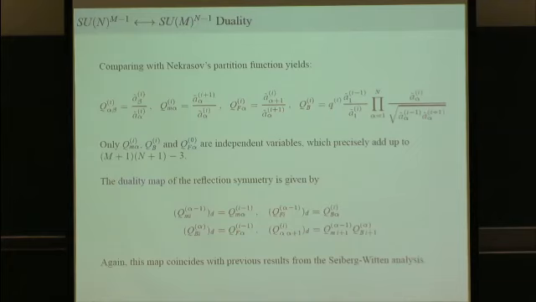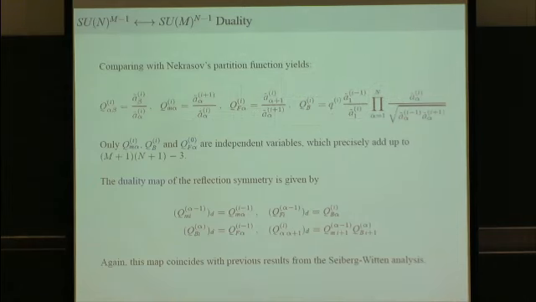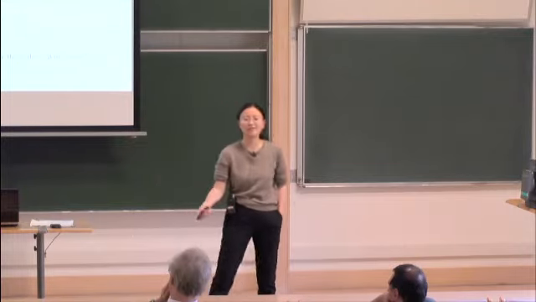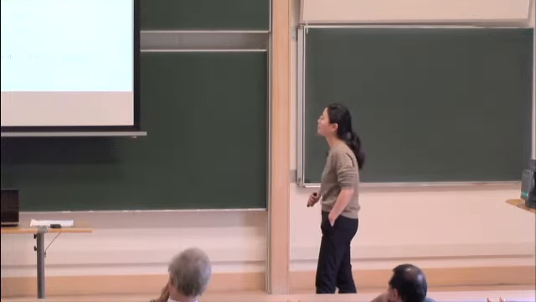And all these ones are in fact not independent variables. So there are lots of Qs, but they are not independent. You can show an independent set consists of only (m+1)(m+1)-3 variables. And these are exactly the same number as the gauge theory parameters.